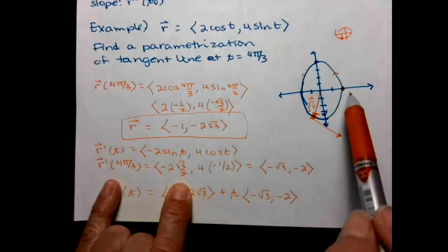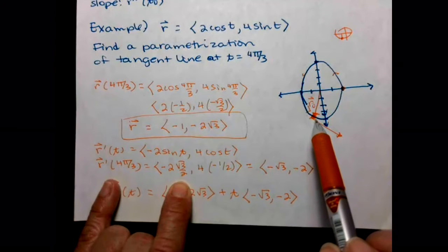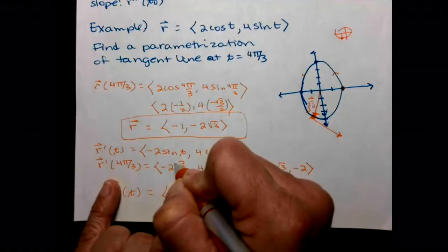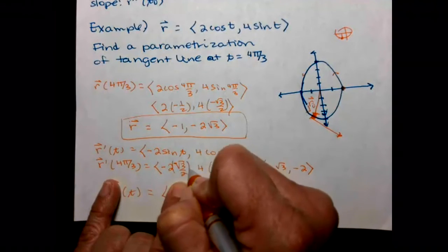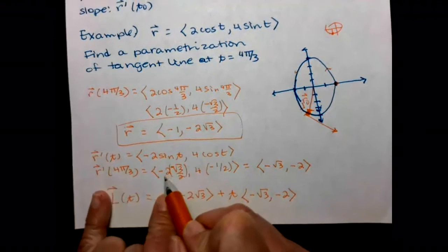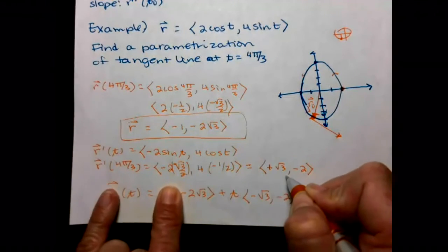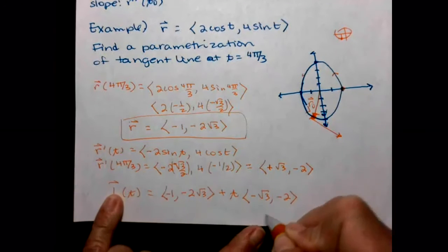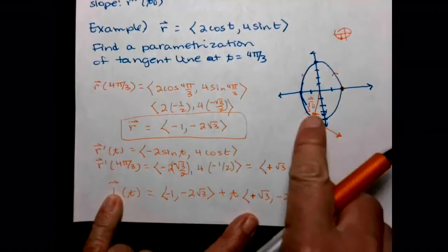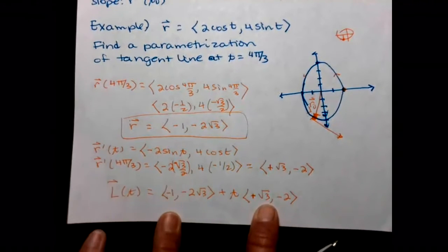So the sine of 4 pi thirds is, oh, there it is, negative root 3 over 2, right? So I have a negative times a negative, so that's going to make that a positive square root 3. Okay, so that's going to change this down here to a positive square root 3, which is good, right? So I'm glad I checked because I found that sign mistake that I made.